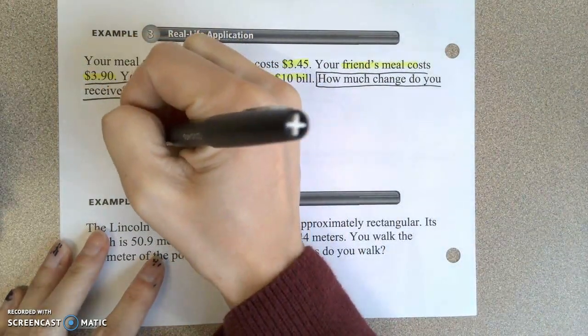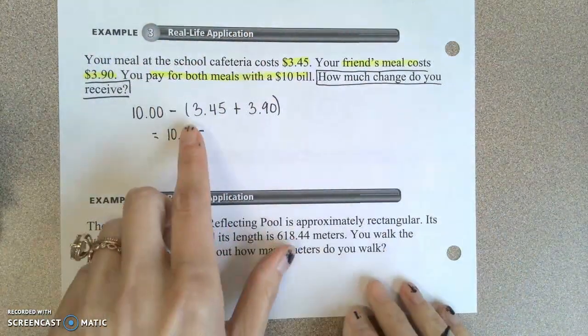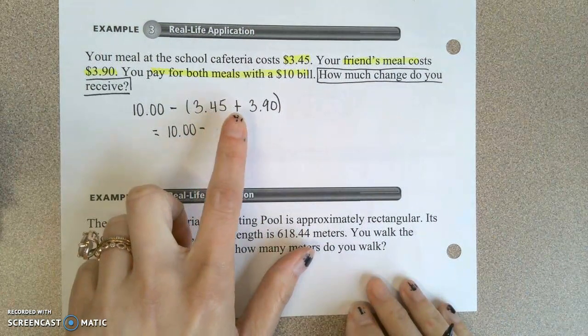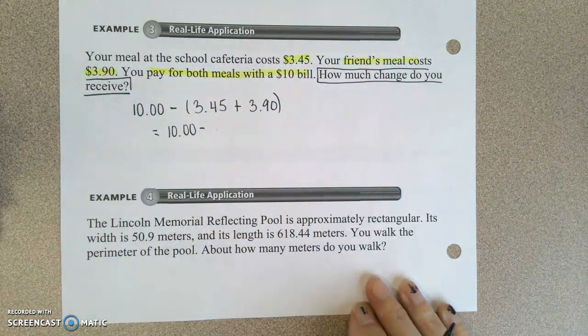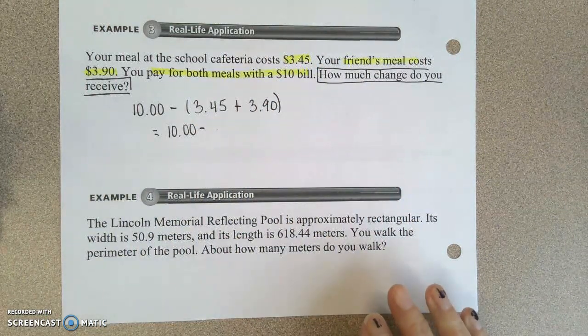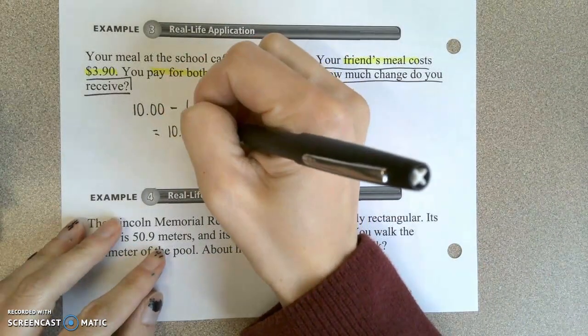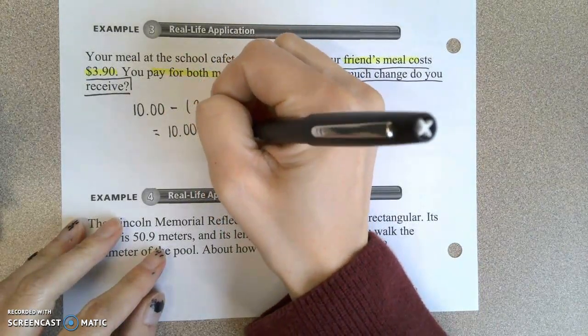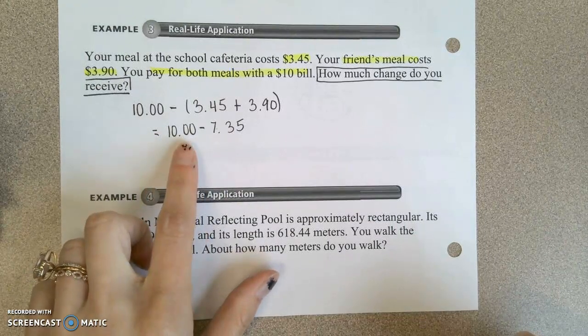Your first step, we're going to leave the 10 alone first, and then go ahead and add your $3.45 and your $3.90. If you need to go out to the side and work that out, go ahead and do that. All right, so the meals cost $7.35. Now we want to subtract that from 10.